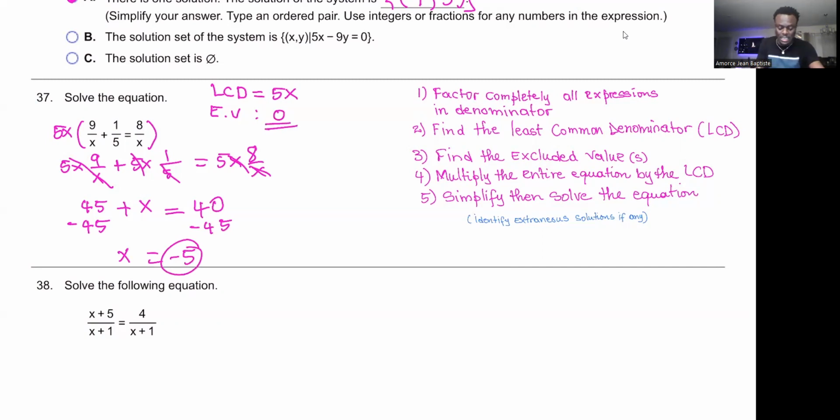Then we can keep it as the solution. Whenever you're solving an equation, remember to present your solution set. My solution set is -5.